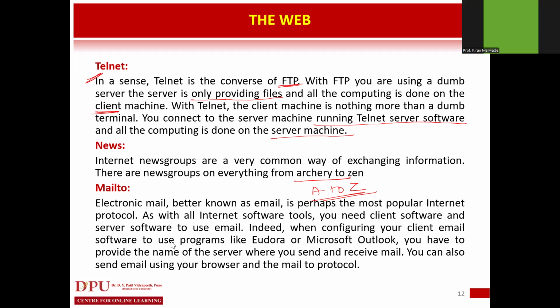Then the mail software. What is the purpose of mail software, and why are we using it? It is used for electronic mail, which means it is used for email purposes. It is perhaps the most popular internet protocol.